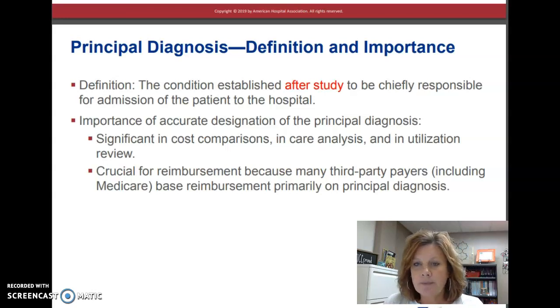So the blood work comes back and I have abnormal white cells. So they're thinking, you know what, she has appendicitis. Okay, so again, what the principal diagnosis is after study is going to be appendicitis. It's not going to be abdominal pain. Okay, it's after study, what did they come up with that was wrong with me? Abdominal pain is a symptom of appendicitis, so I would not even code that.